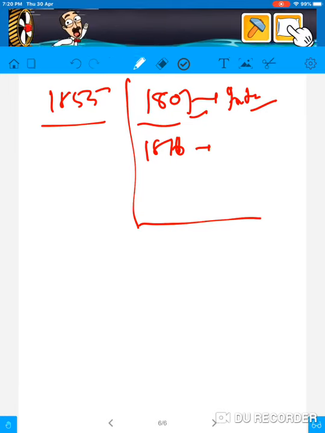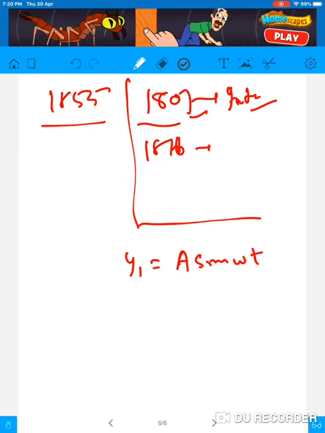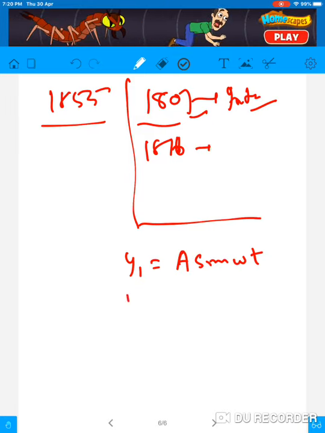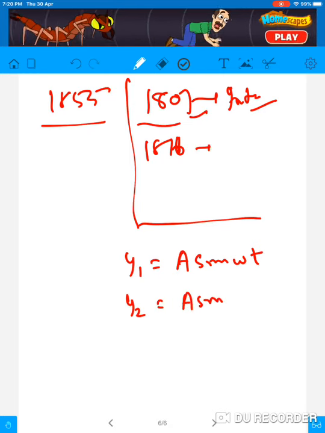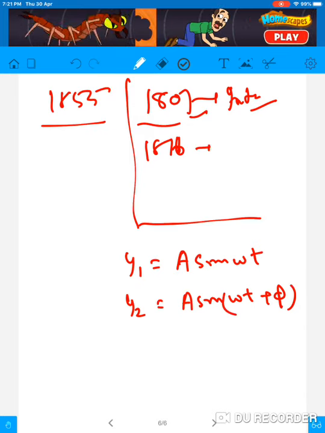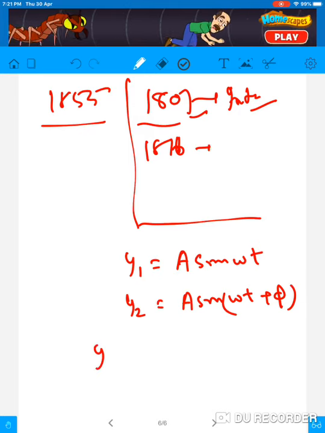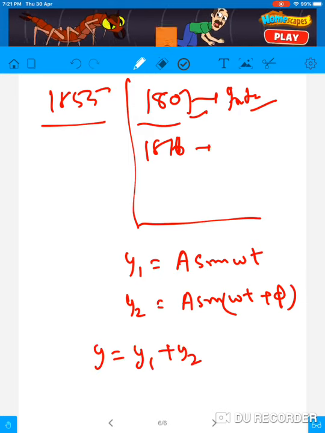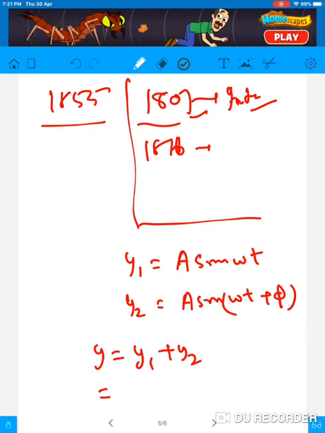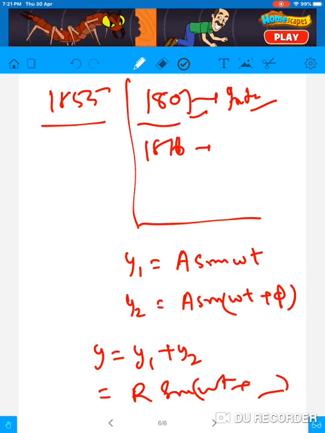If two waves are superimposing, one wave has a particular displacement defined something like this, and the second one has the same frequency, phase difference, and the same amplitude. When they are superimposed, the superposition is y1 plus y2, and this comes out like R sine omega t plus some phase.